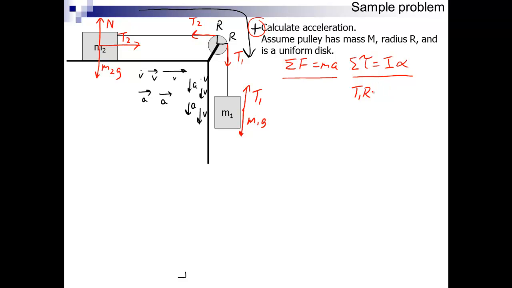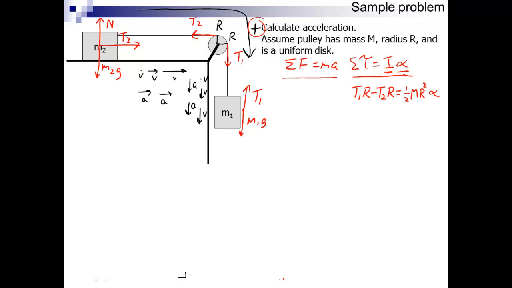So T1R, the other torque T2R is negative. It's the counterclockwise one. And because this is a pulley, I'm going to say that it's equal to 1/2 m r squared. That's this part, the I. Then alpha, which is that part right there of that equation.